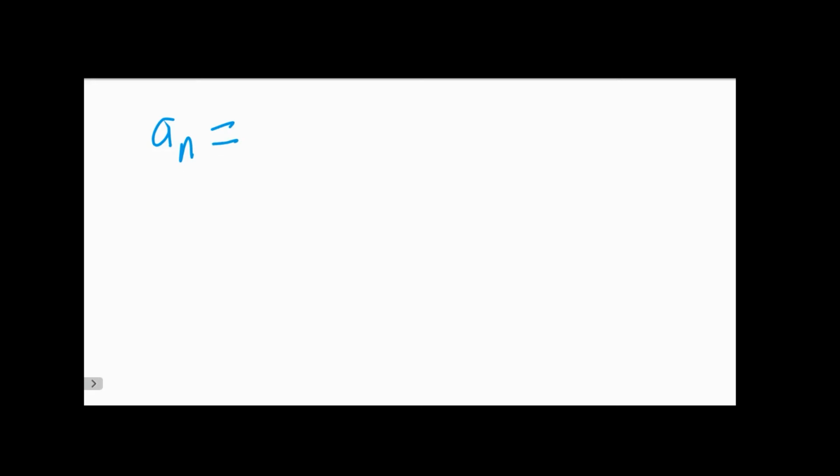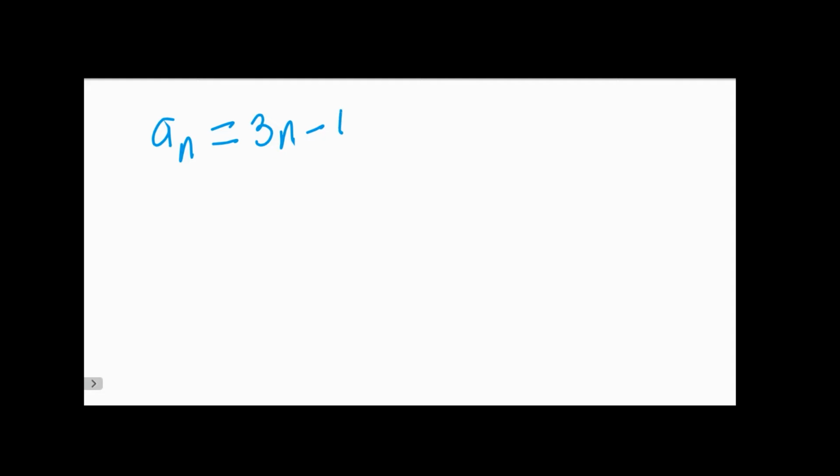And so when n is 1, I get 2. When n is 2, I get 5, etc. The rule for that particular sequence is written like this: 3n minus 1.